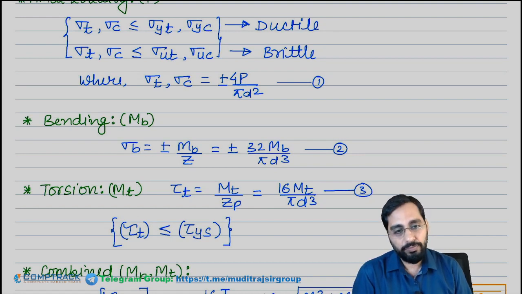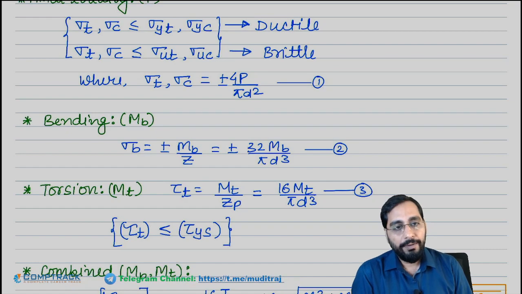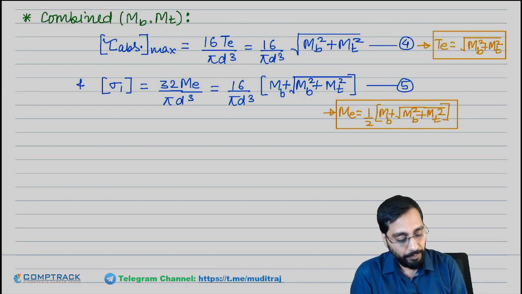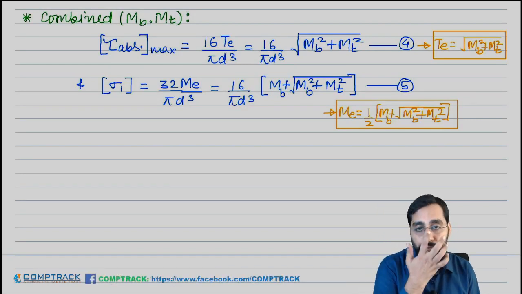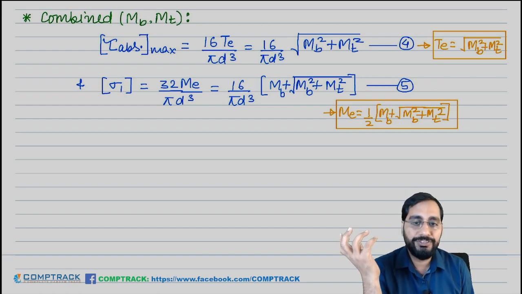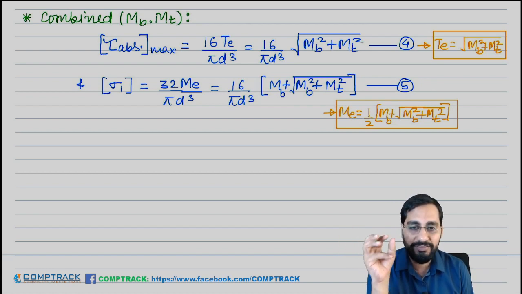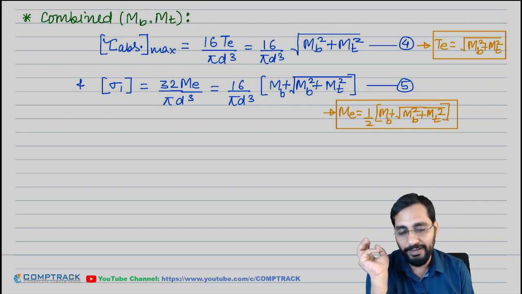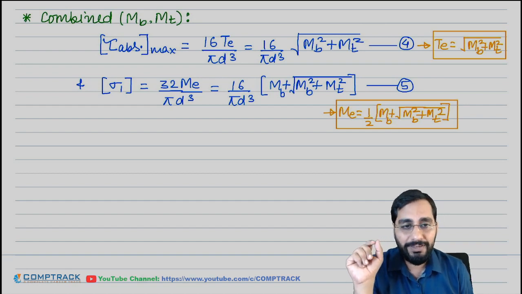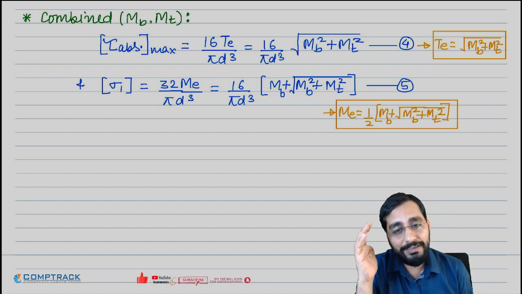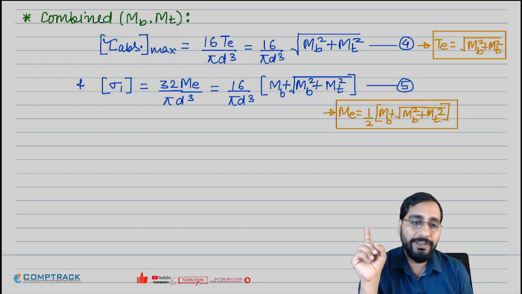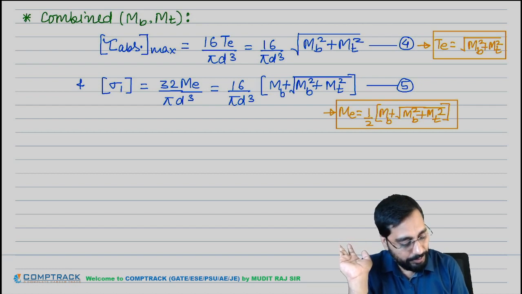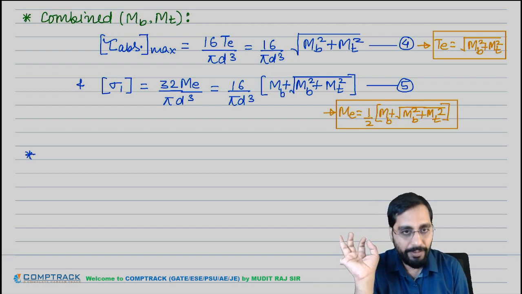So simple cases we know for the shaft, but in actual practice the shaft is subjected to multiple loads, and there are many things on the shaft like keyhole, stress concentration, dynamic loading. So strength of shaft will reduce due to all these factors. So for the design of shaft, ASME has given standard codes. With the help of those ASME codes, we will design the shaft. Okay, write down here.